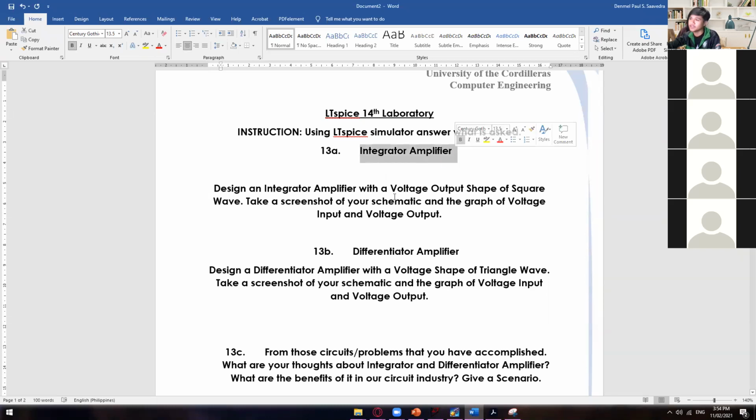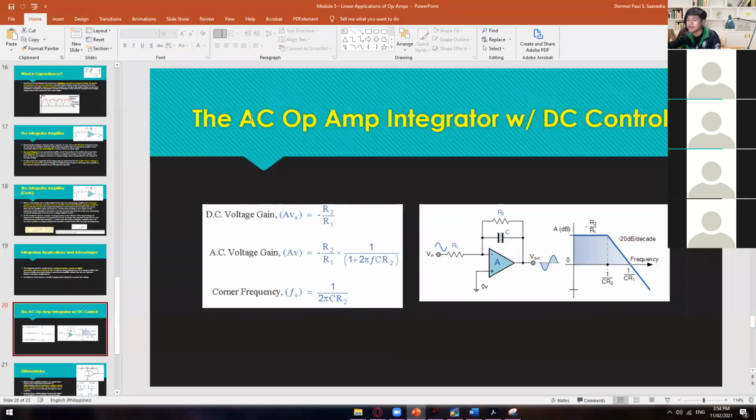Okay, so for integrator, design an integrator amplifier with a voltage output shape of square wave. You can use any kind of integrator. We have one type here, which is the AC Op Amp Integrator. There are lots more that are related to integrator. We even have ramp integrator.